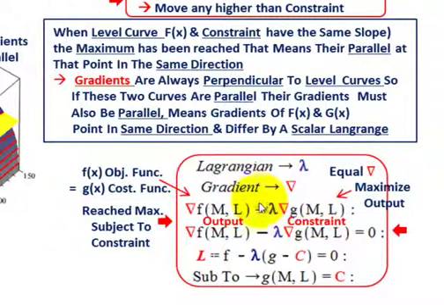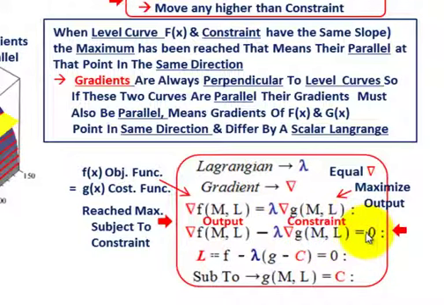That's where you're going to have your maximum output. The gradient of your production function equals the Lagrange multiplier times the gradient of your constraint. Then, just rearranging those equations, you take lambda times the gradient of your constraint and move it over to this side of the equation.